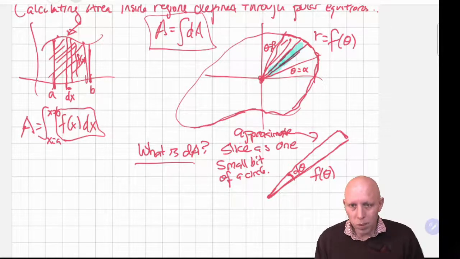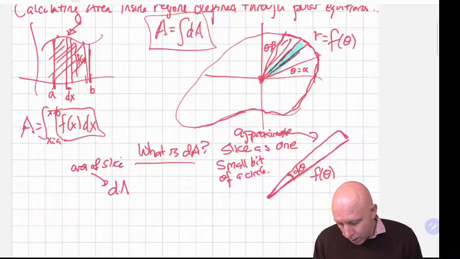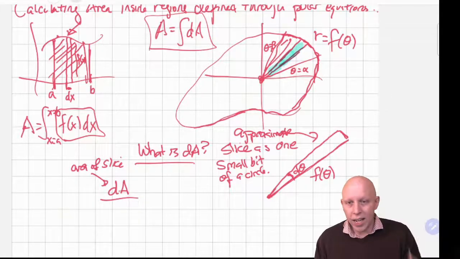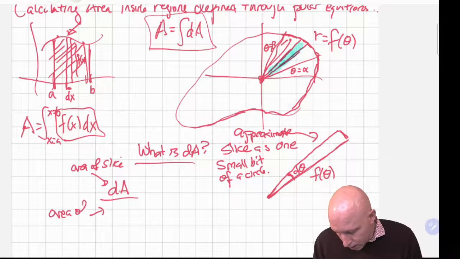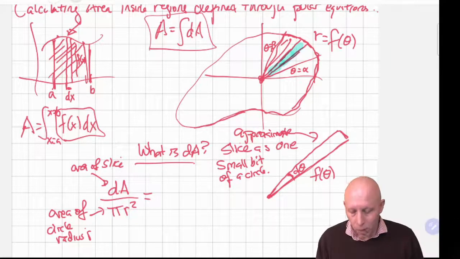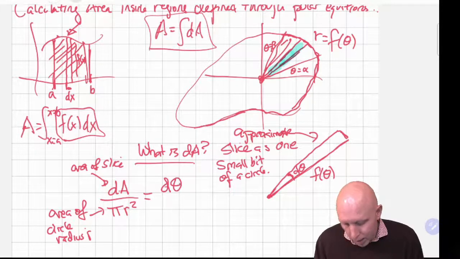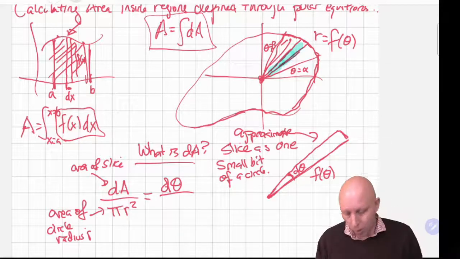Because we're thinking of this as part of a circle, we'll say the area of the slice divided by the area of the whole circle, where the area of the circle is pi r squared, is going to be the same as the ratio between d theta and the whole angle of a circle, which is 2 pi.